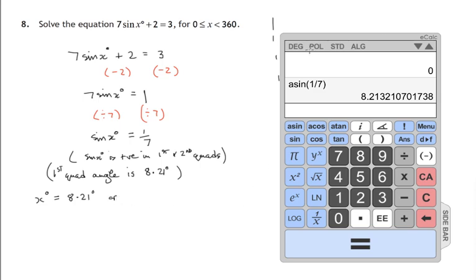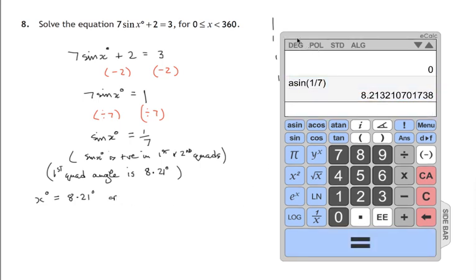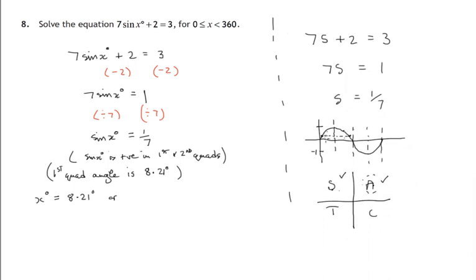Now, how on earth do we get the second quadrant angle? Look at this sine graph diagram. Along here we know that's just over 8 degrees. There's 180 degrees. Symmetry would tell you just come back from 180 degrees by the same amount, or 180 minus the first quadrant angle. You might know this as sometimes called a butterfly diagram. If you know this angle here, you go all the way around to 180 and subtract it to get the second quadrant angle.